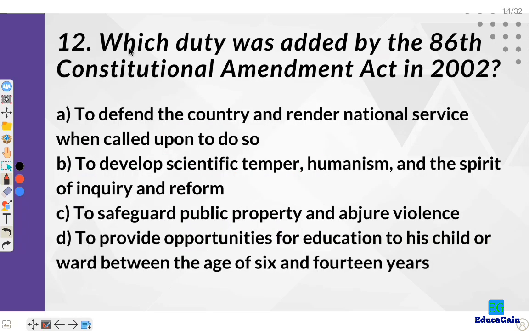Next question is, which duty was added by the 86th Constitutional Amendment Act in 2002? A, to defend the country and render national service when called upon to do so.